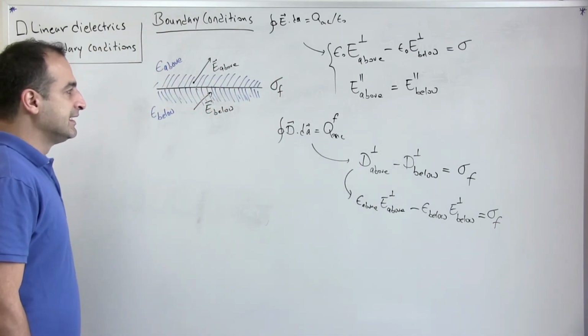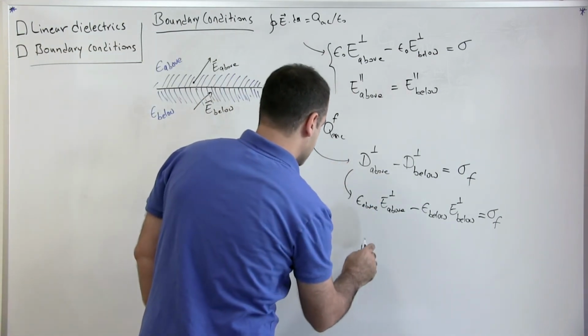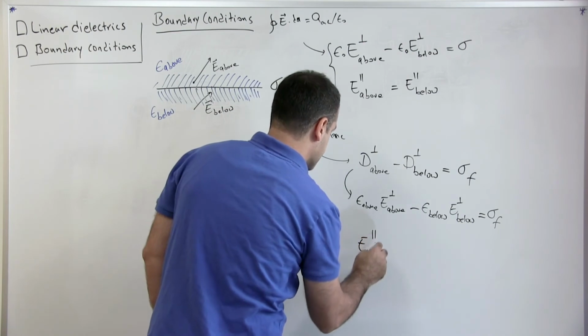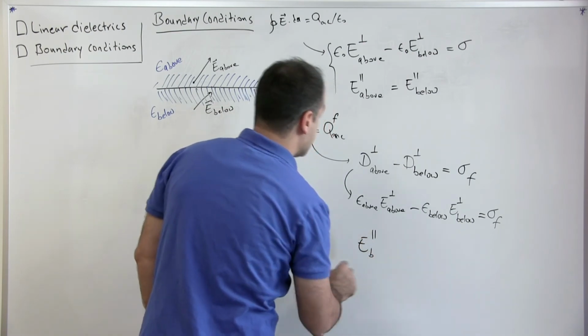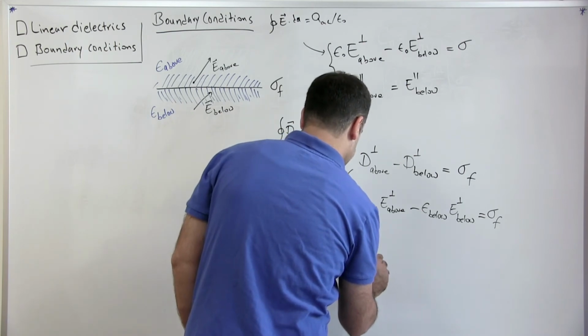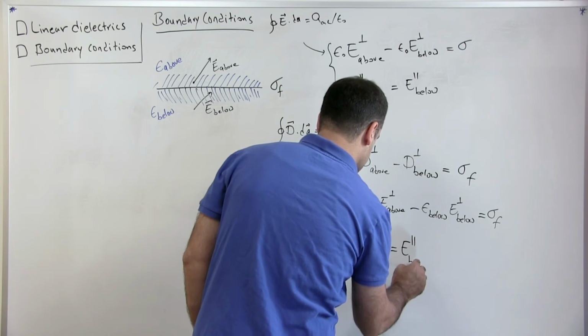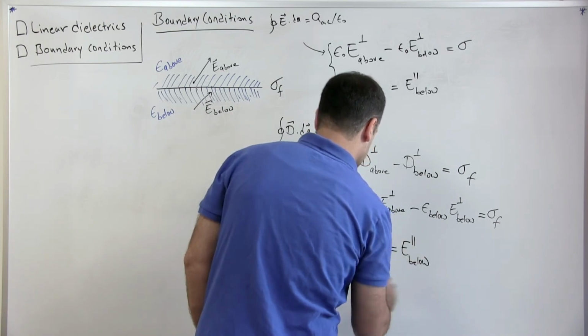Sounds good? And the horizontal component of the electric field is exactly the same. There is never a discontinuity in the parallel component of the electric field, so E parallel above is always equal to E parallel below.